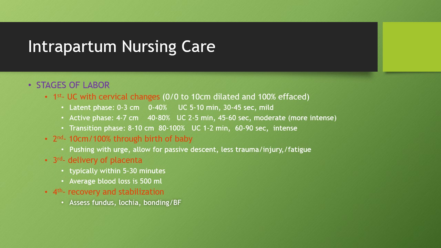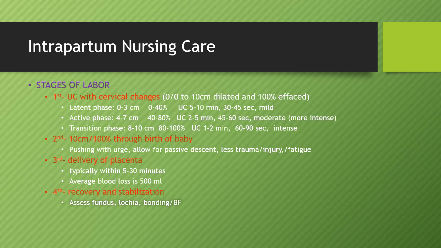We want to assess the fundus, the uterine position, tone, and location, the lochia for color, amounts, and clots, and then look for signs of bonding, as well as Apgar scoring the newborn within the first minute, and then the first 5 minutes for newborn. So for the fundus, it should be midline.